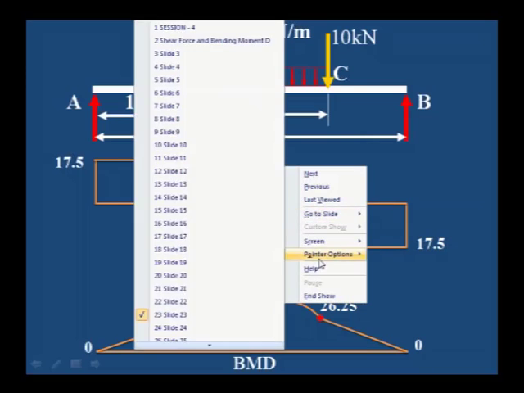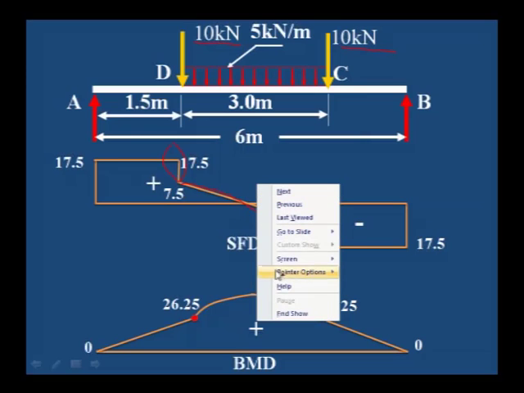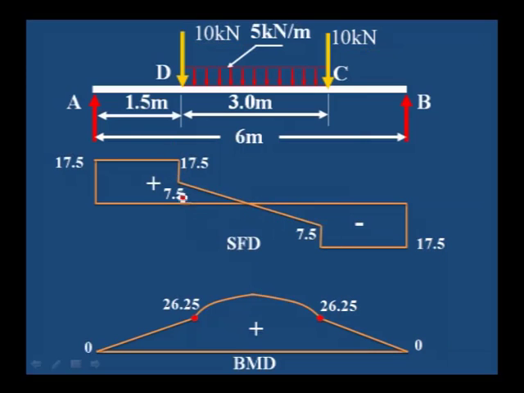First you have to show the drop in the shear force diagram equal to the point load, that is 10 kilonewton, and then join the 2 points, from the drop point to the C point.